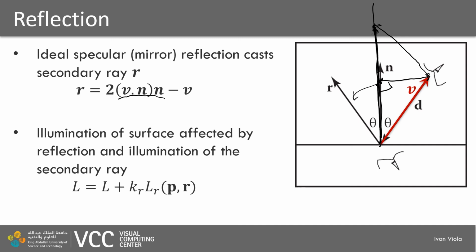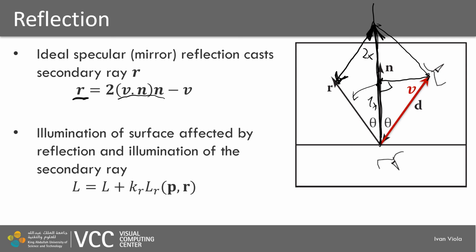So this is 1 time, this is 2 times. And now, if I subtract the view vector from this position, I will end up with my reflection vector.